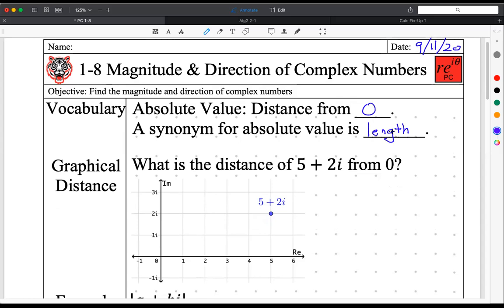It's magnitude. That is the other synonym that you need to know. So length and magnitude, same word. Magnitude. So from here on out, when I say the word magnitude, you should be auto-translating that in your head. Oh, Mr. Sandell is talking about the length. And what length am I talking about? The length from the origin of the complex plane that you've been graphing these numbers on.